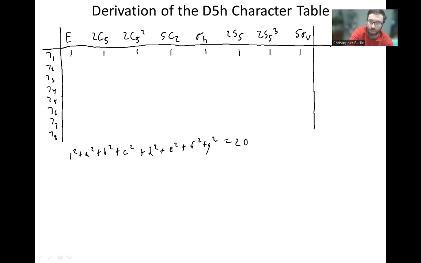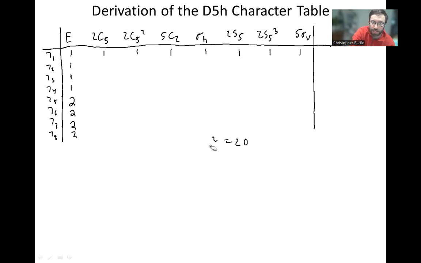And then you have 4 1 squares, that's another 4. 16 plus 4 is 20. So that means on this first column, we can put 4 1s and 4 2s. So in other words, we are looking for 3 more one-dimensional irreducible representations and 4 two-dimensional representations. So that gets us one step closer.